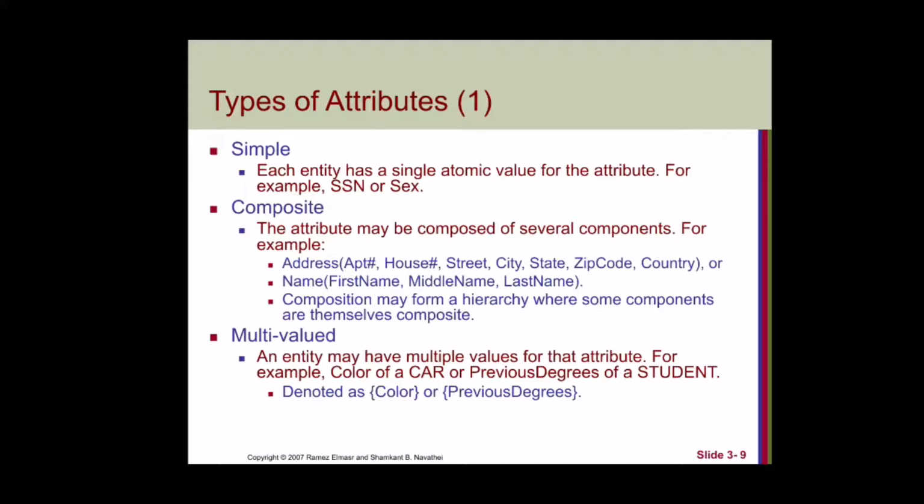Some part is painted black and some part is painted white, right? So this is regarding the multi-valued, and multi-valued attributes are represented with curly braces. And we can see the previous degree of a student, right? If a person has multiple degrees, then we can again take it within curly braces.